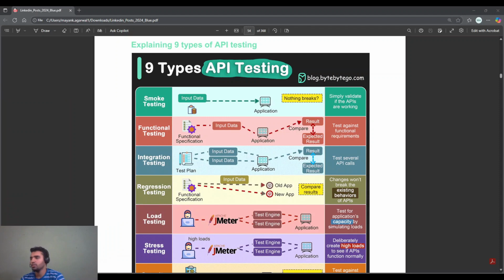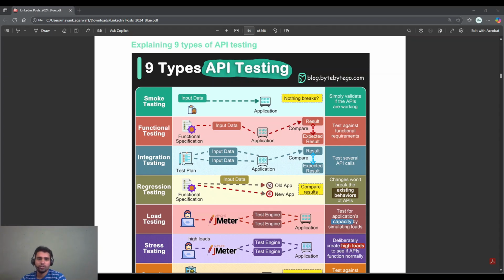Now you can see here there are 9 types of API testing. This is a complete PDF of 368 pages. I'll share this later, or in the description as well. These are the 9 types of API testing they have described.